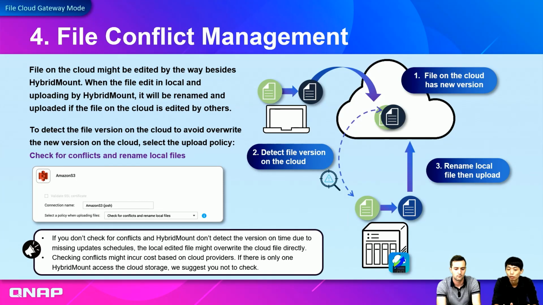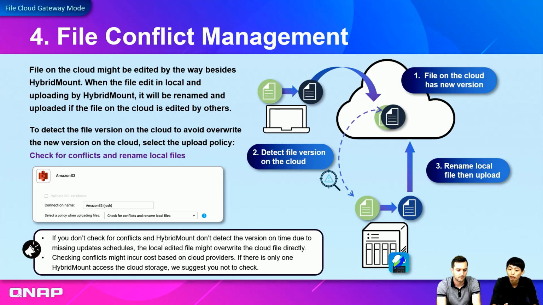And this part shows you how we deal with file conflicts. Because we know that files on the cloud might be added by other ways besides HybridMount. They might be added by another NAS or another computer directly.